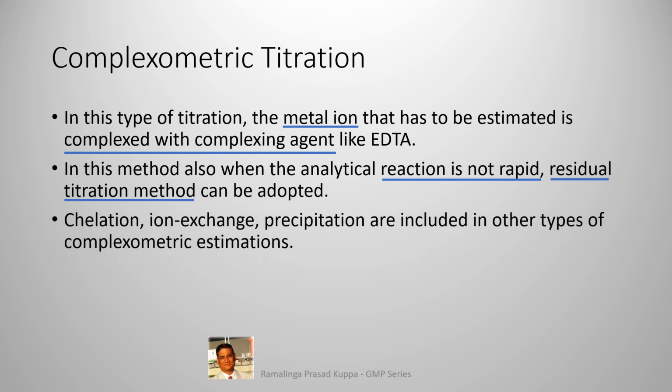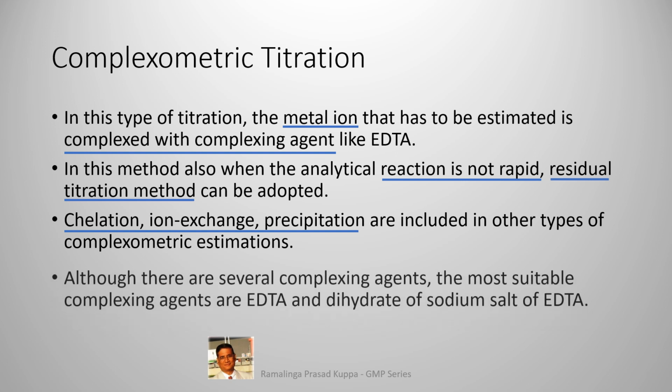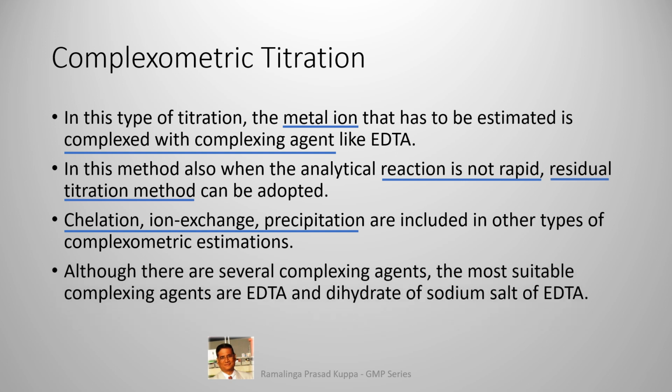Chelation, ion exchange and precipitation are included in other types of complexometric estimations. Although there are several complexing agents, the most suitable are EDTA and the dihydrate of the sodium salt of EDTA.